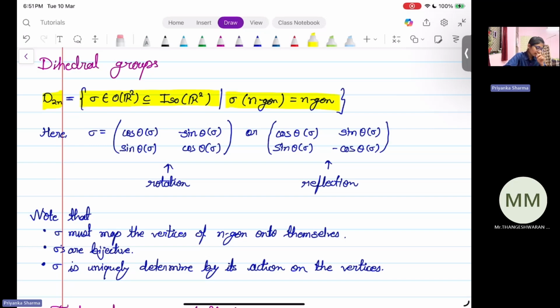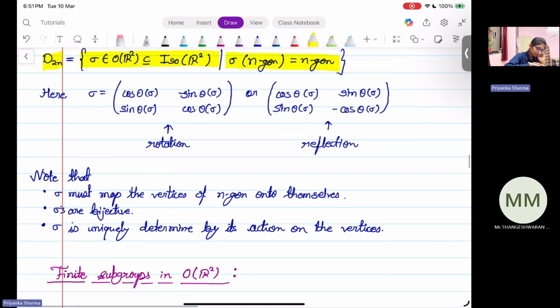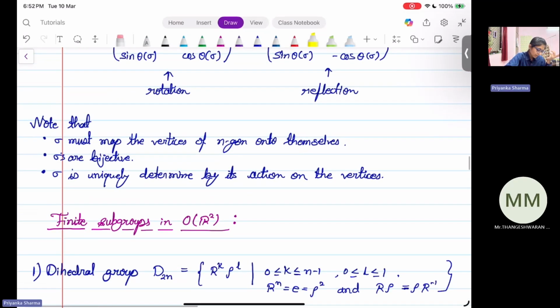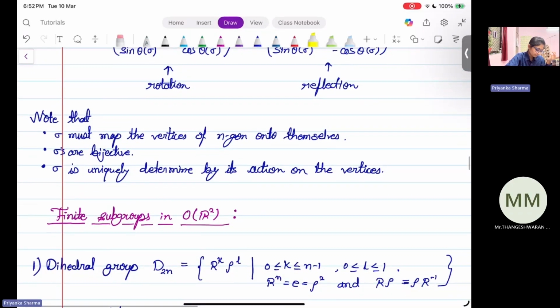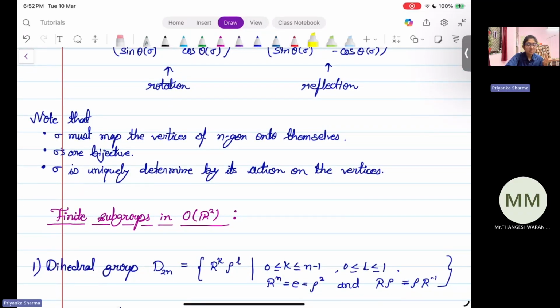And as we are taking sigma from O(R²), sigma can be either a rotation or a reflection. We can also see that sigmas are bijections, obviously, and they map vertices of the n-gon onto themselves. Otherwise, the symmetry will not be preserved.